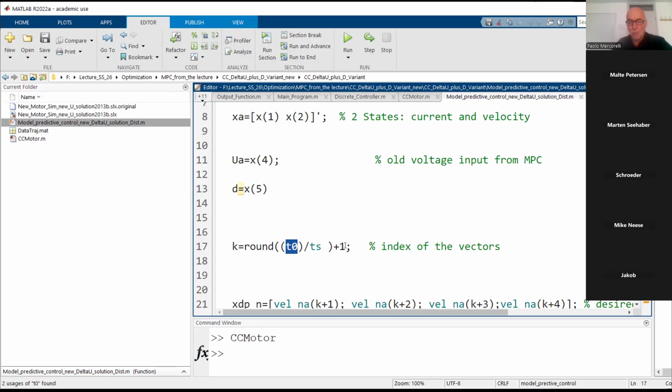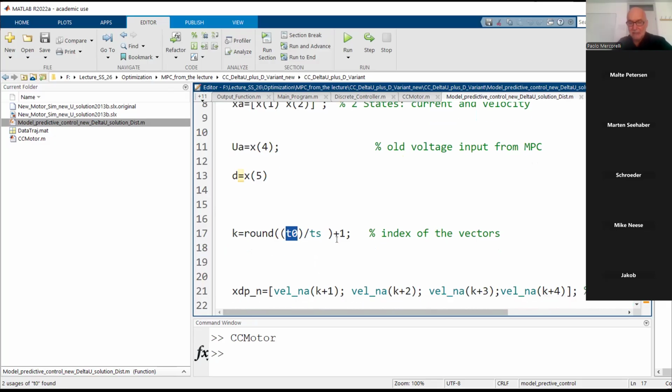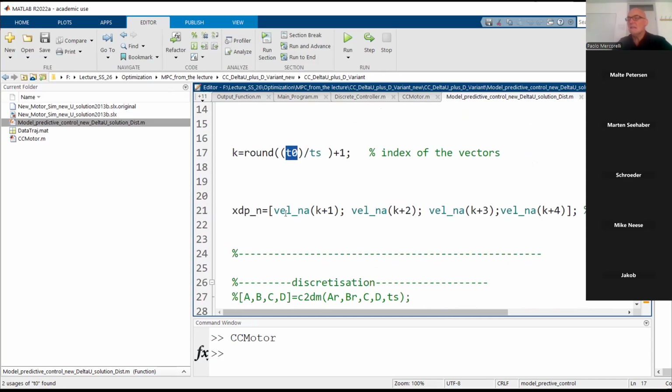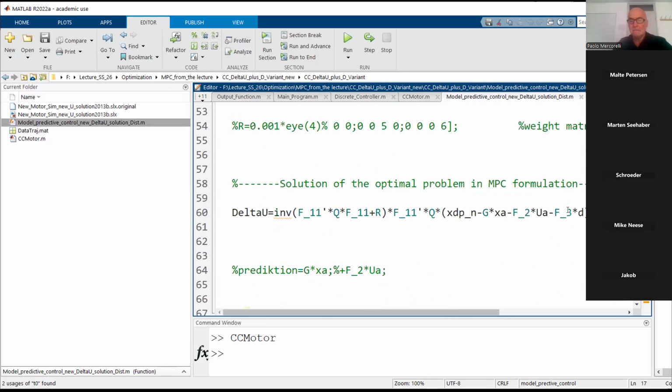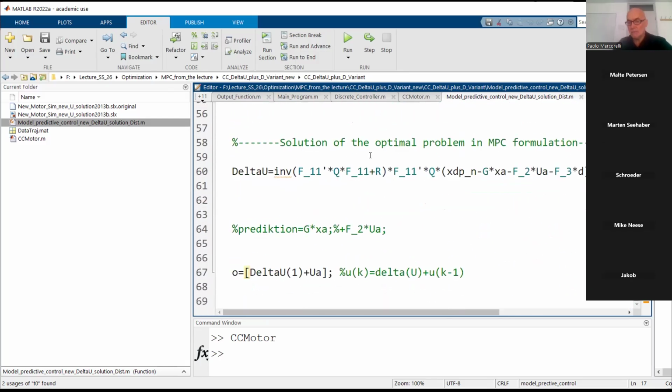We start from 1 basically, and we round because it's not necessarily an integer value. Here is the vector of the desired velocity. We can see that we have 4 steps. We predict 4 steps. Here is the solution.